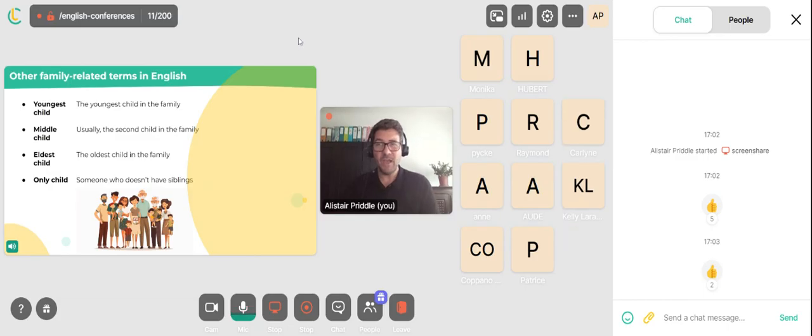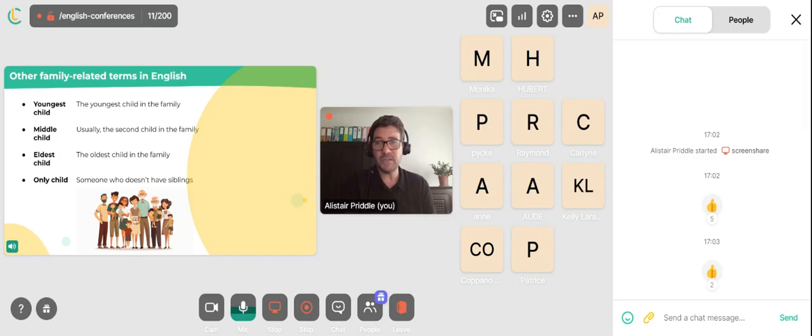Okay, so we have youngest child. A youngest child is the youngest child in the family. Middle child. A middle child is usually the second child in the family. Eldest child.